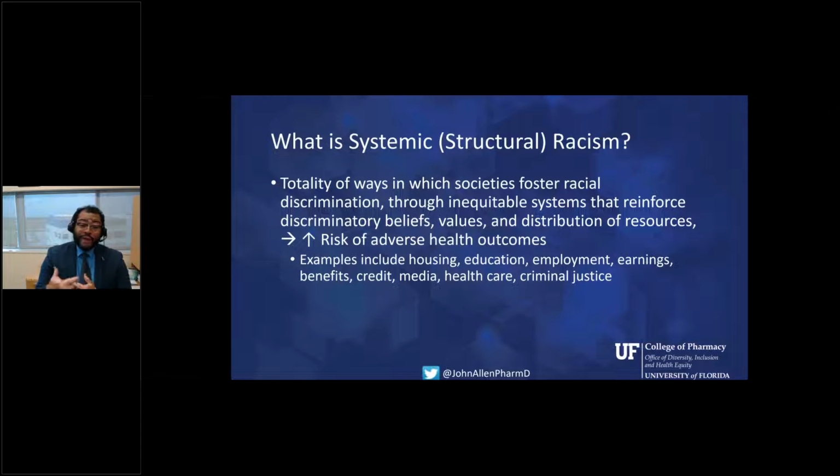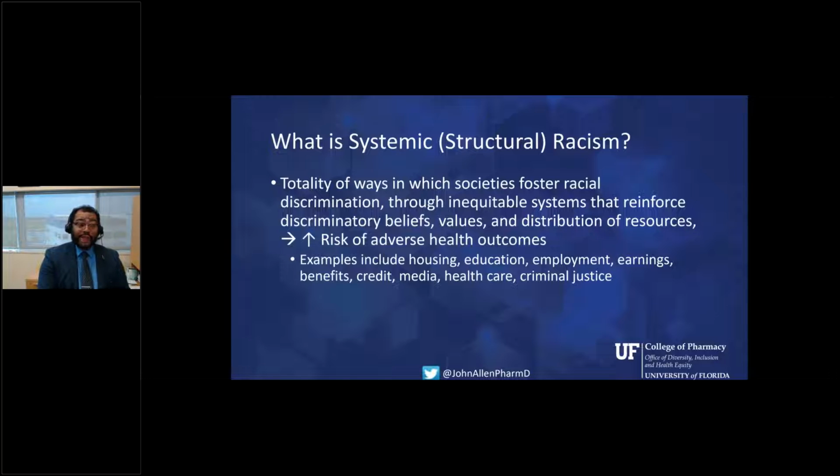Education. We know that with respect to education attainment, higher educational attainment is associated with improved health outcomes. But we also know that education, particularly in the public school setting, is grounded and funded based on property taxes that again are driven largely by home values.